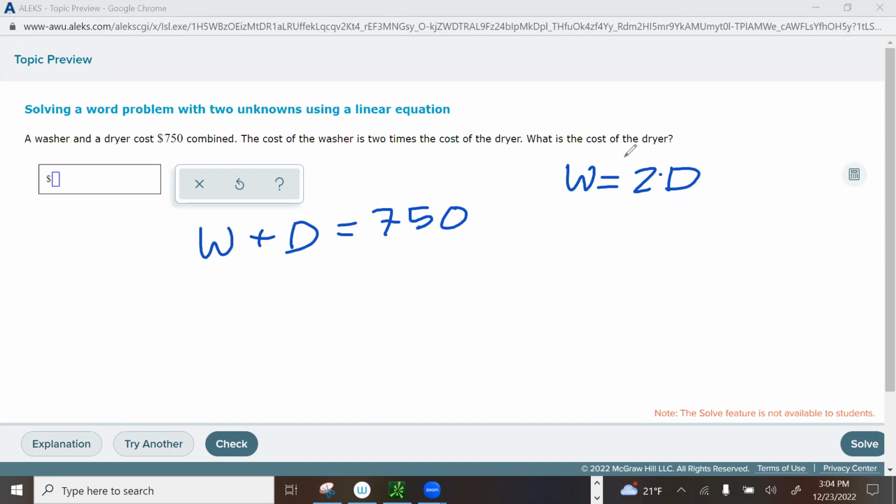So what this means right here is that any place I see a W, I can replace it with a 2D, or vice versa, because it says that they're equal in this problem. They're the exact same thing in this problem. So W's can always in this problem be replaced by 2D. I'll replace this W right here with 2D.